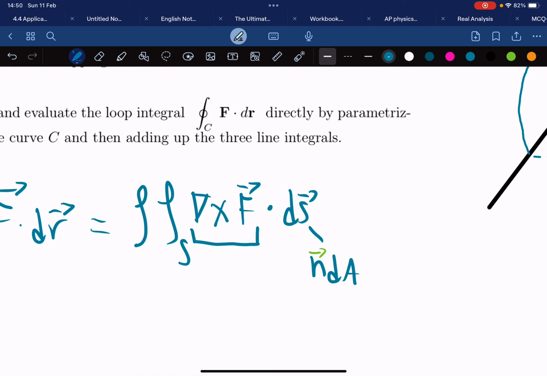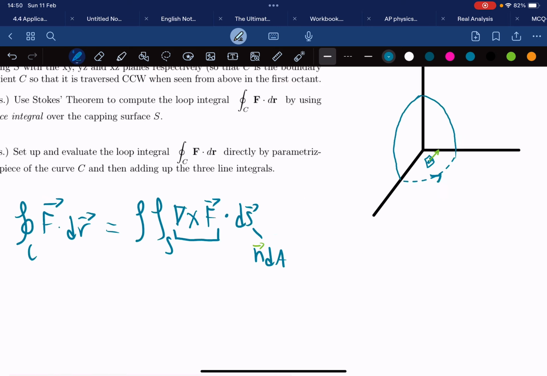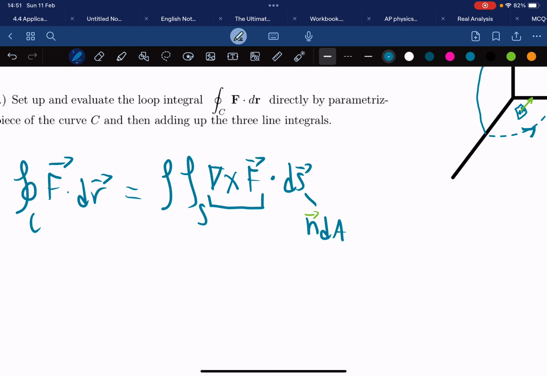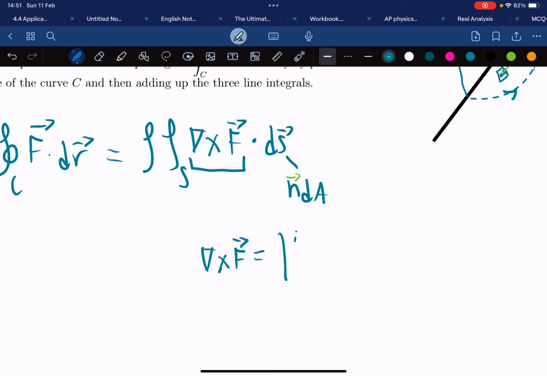So now first, let's compute this right here. We can think of the curl as equal to the determinant of this matrix.